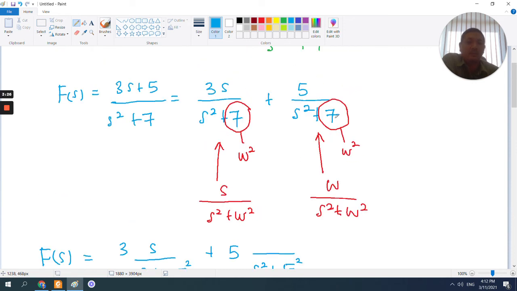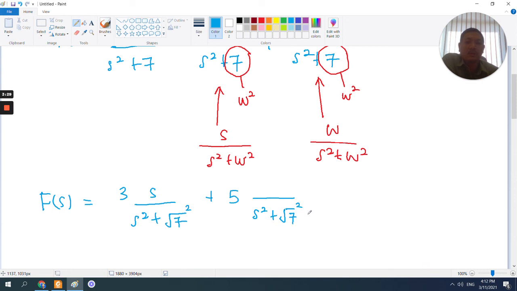So we now have omega squared here, but on the top we need to have omega, which is the square root of 7. Since we introduced a new value, the square root of 7, we have to compensate for that with the square root of 7 here.